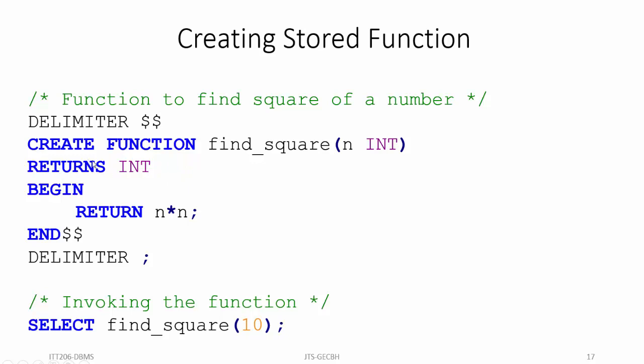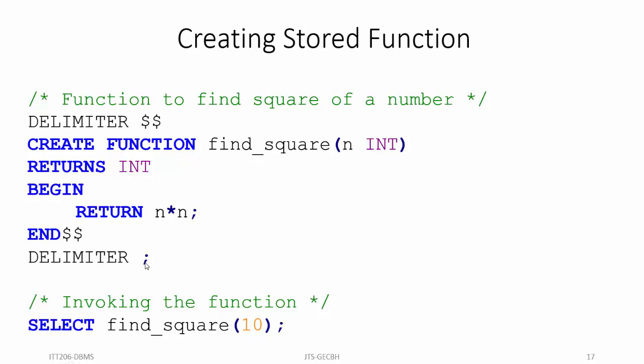This is mandatory in the case of a stored function. Then inside BEGIN and END we will be writing the function body, and here we are just multiplying n with n and then returning the value. After this, $ denotes that the function has finished. Then we will change the delimiter back to semicolon.